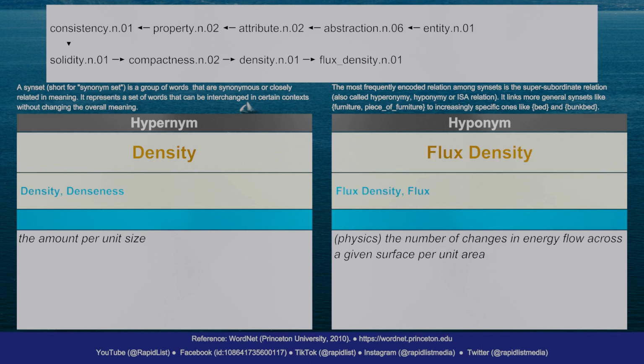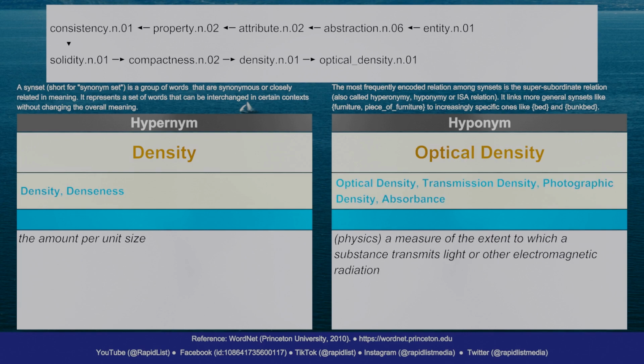Flux density. Physics, the number of changes in energy flow across a given surface per unit area. Optical density. Physics, a measure of the extent to which a substance transmits light or other electromagnetic radiation.